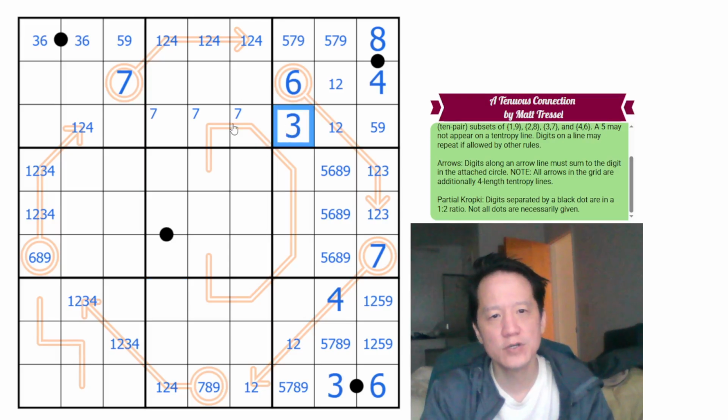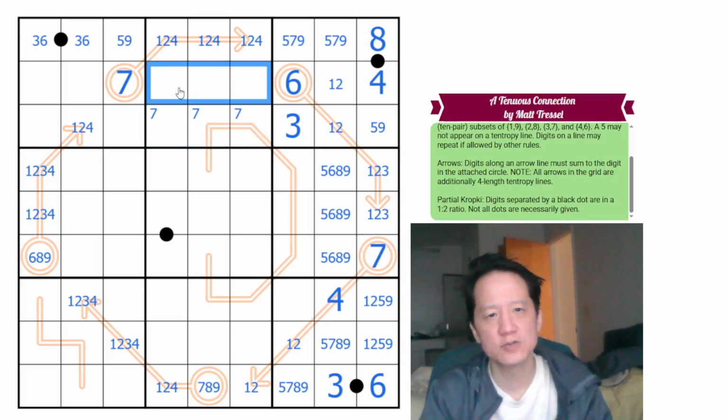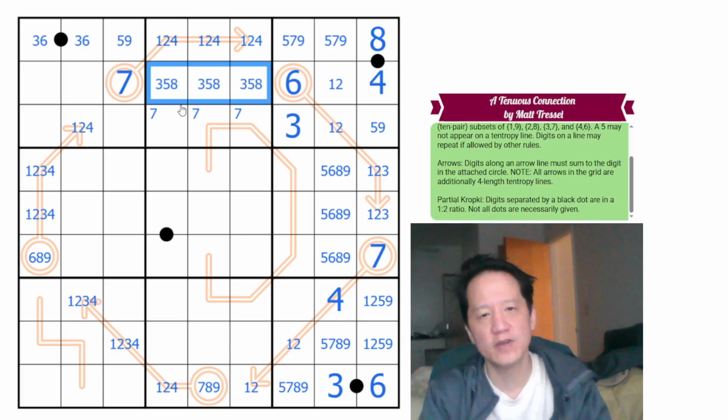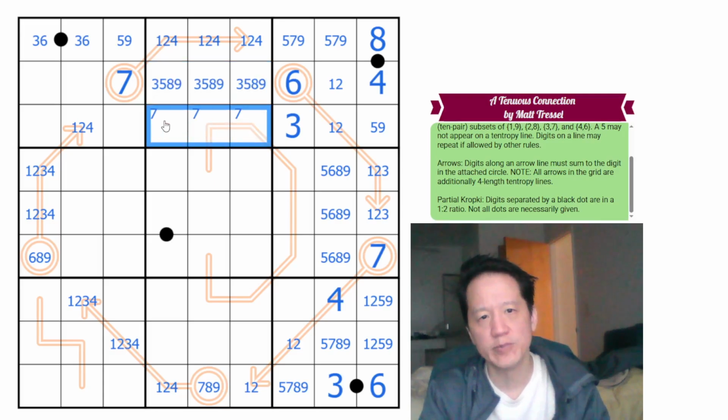This is 3. None of 1, 2, or 4 are here. So this is not 6 or 7 either. This is 3, 5, 8, or 9 here. And the remaining digits are 6 and 7 have to be here, with 1 out of 5, 8, or 9.